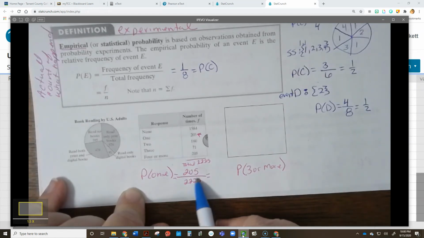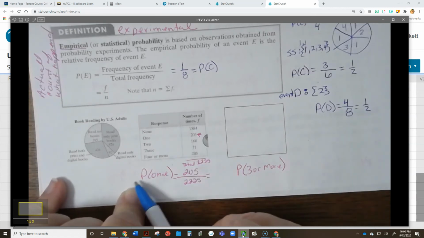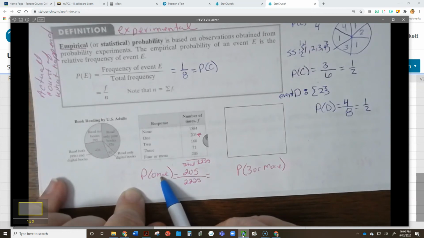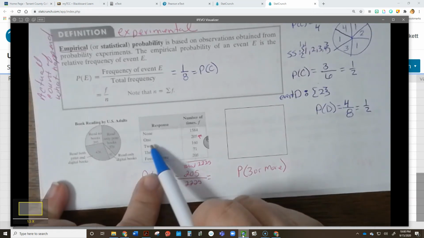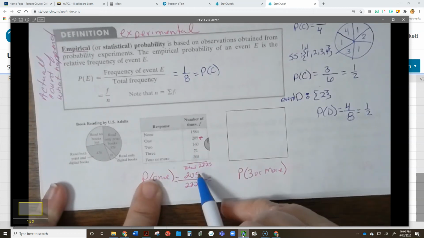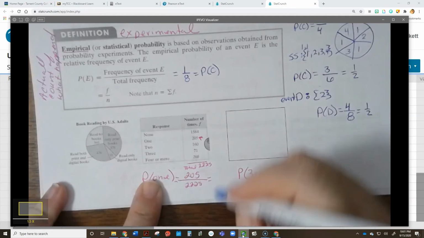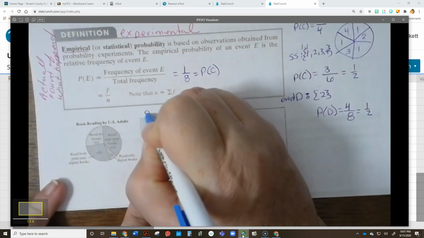So that's the number that goes on bottom, because that's how many surveys we had. For this one, I'm interested in the event of answering 1. So the probability of that happening, how many people answered 1? 205. Out of a total of how many? 2,225. So this is an example right here of empirical.